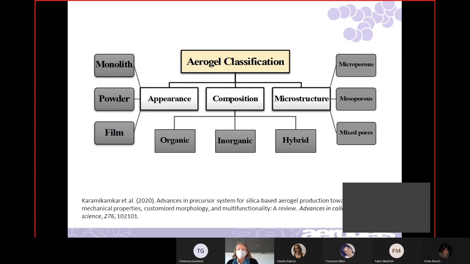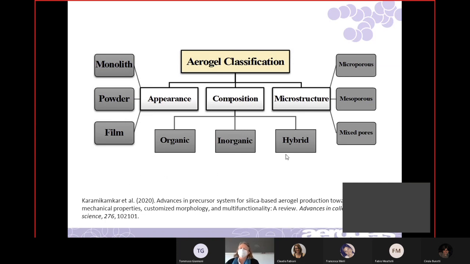And then you can talk about aerogels in terms of their composition. They can be organic, inorganic, or a combination of the two. Yesterday, Mary talked about the silica, the inorganic. And tomorrow, you're going to talk about some of the organic, and more inorganic and organic. Yeah, so she'll talk about those others more.